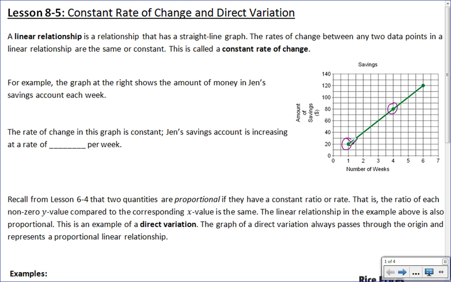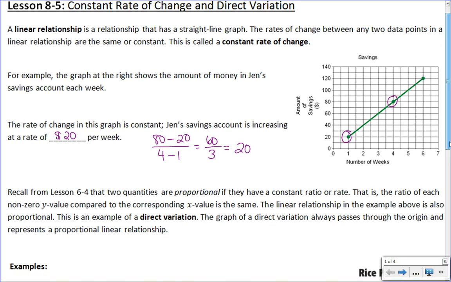So the change in the amount of savings, it goes from $20 up to $80, so that's 80 minus 20, over the change in weeks, so from 1 week to 4 weeks, that's 4 minus 1. And 80 minus 20 is 60. 4 minus 1 is 3. 60 divided by 3 is 20. So Jen's savings account is increasing at a rate of $20 per week.